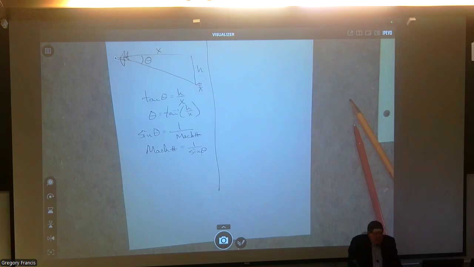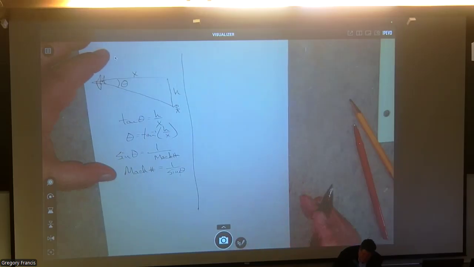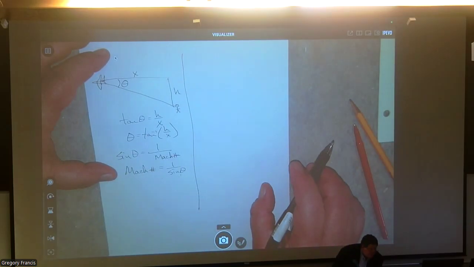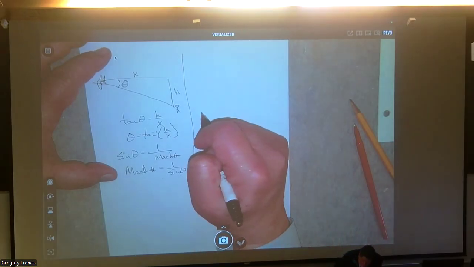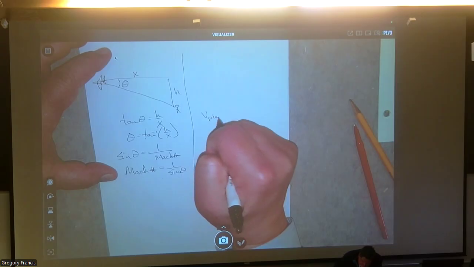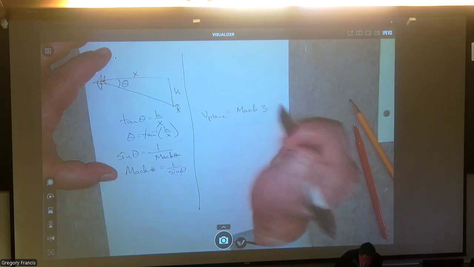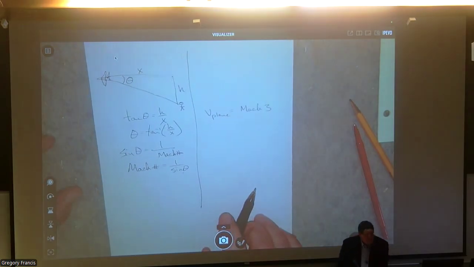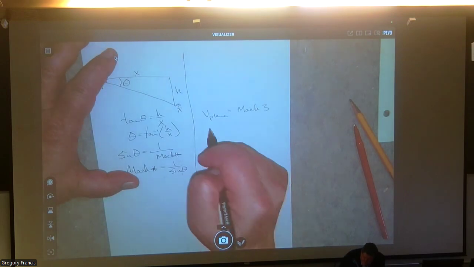Okay. Now, that's the first flavor. The second flavor is the opposite. I tell you how fast it's going. I say, plane going Mach 3. And from that, you find the angle.